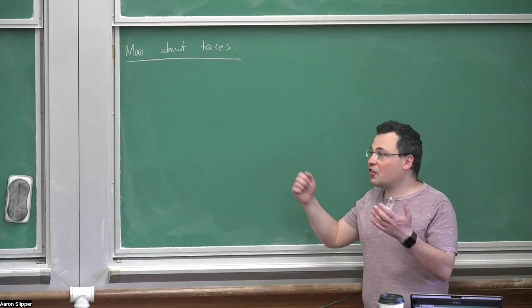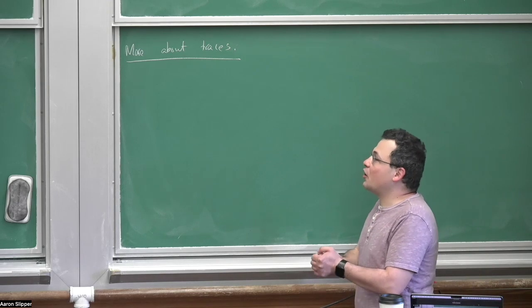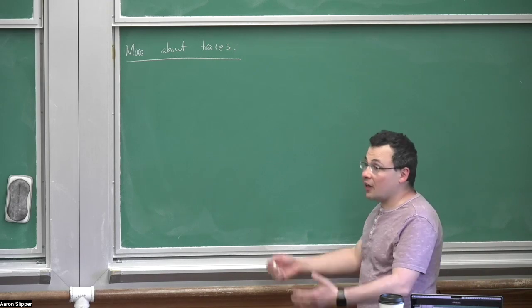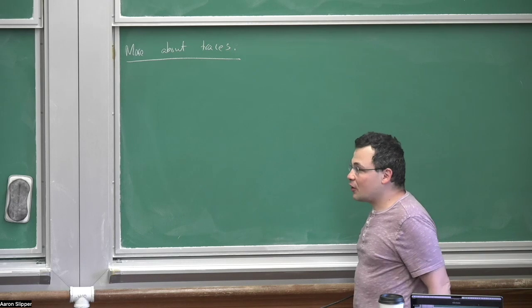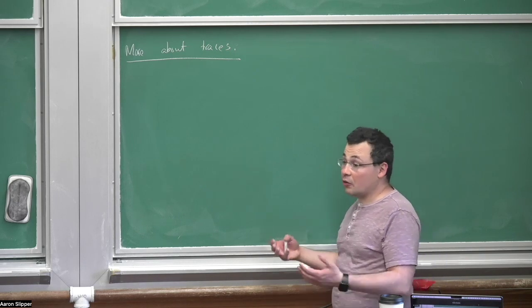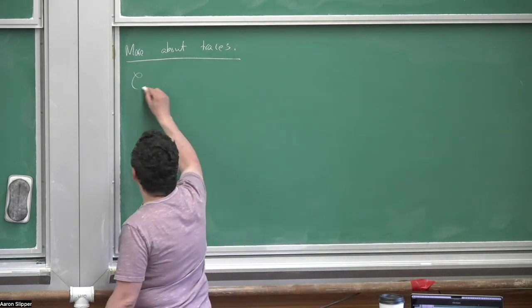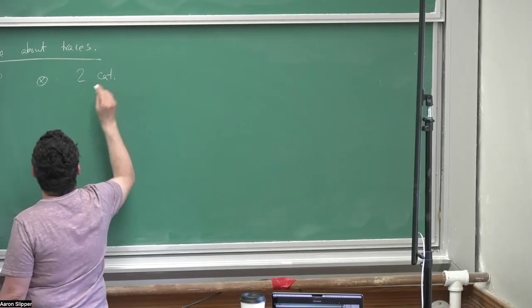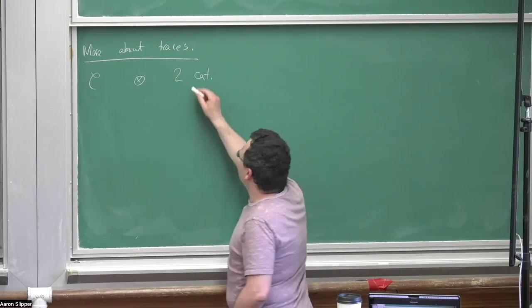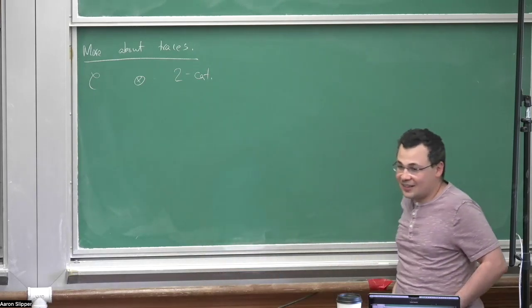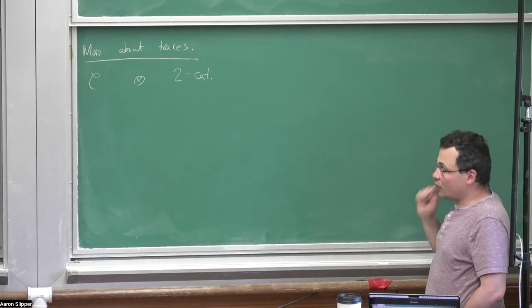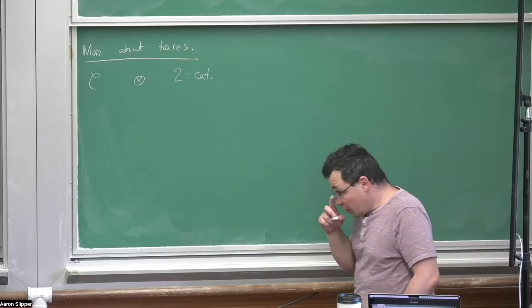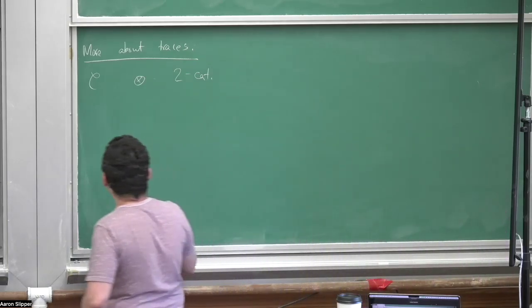What more there is to say is that so far we were talking about traces in a symmetric monoidal category, but now I want to talk about traces in a symmetric monoidal 2-category. Now C will be a tensor 2-category. So there are 2-morphisms.